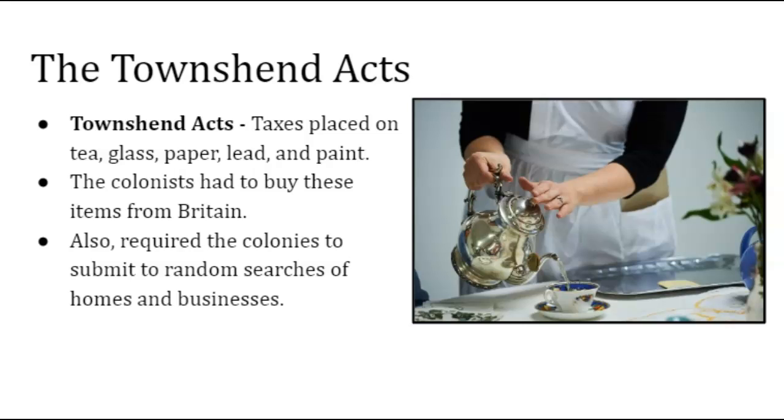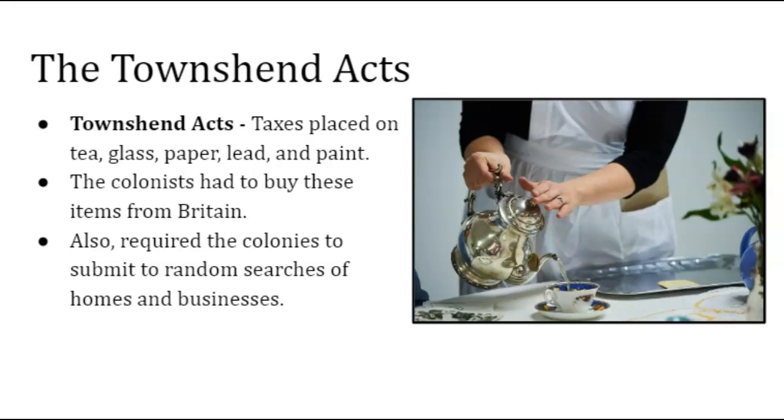The Townshend Acts. Colonists celebrated the Stamp Act's repeal. However, the British government insisted that it had not lost any authority over the colonies, but with the Stamp Act repealed, Britain had to figure out other ways of gaining revenue. In 1767, Parliament passed the Townshend Acts, named after Charles Townshend, a British royal treasurer.